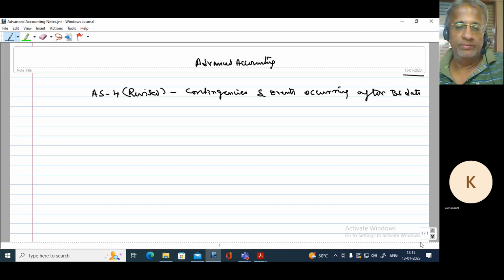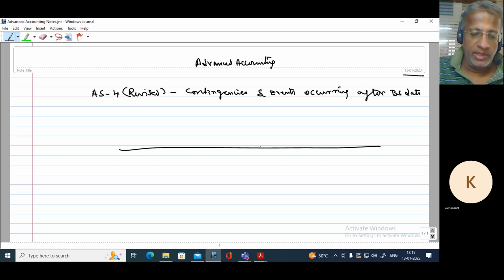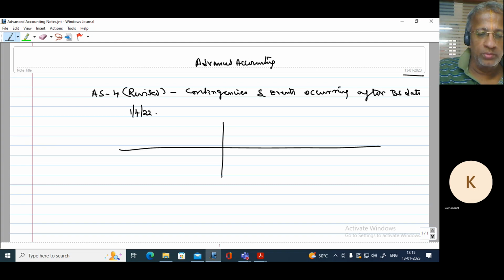Firstly we should know an accounting year is expected to be, say, from 1st of April 21 and it will go up to, say, 31st of March 22.